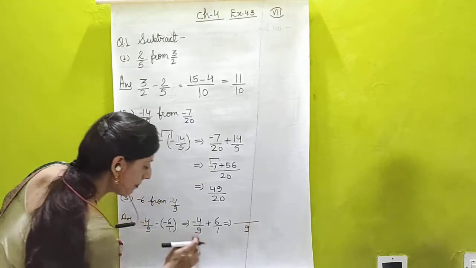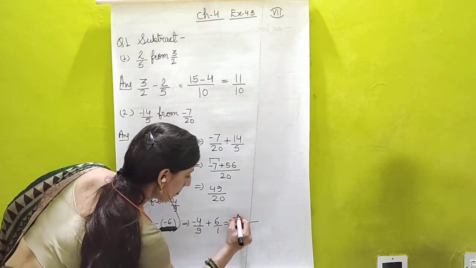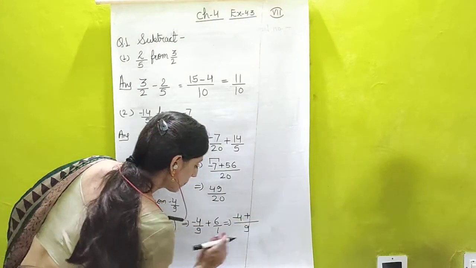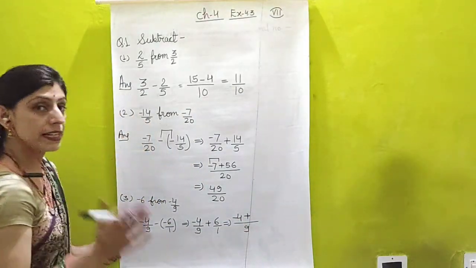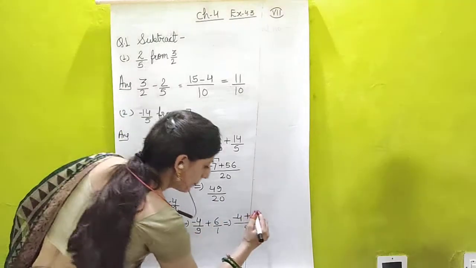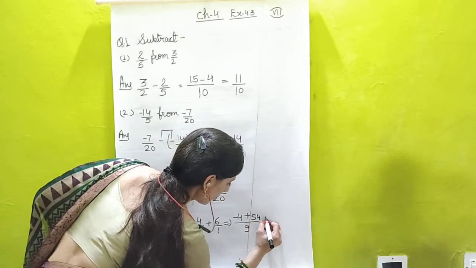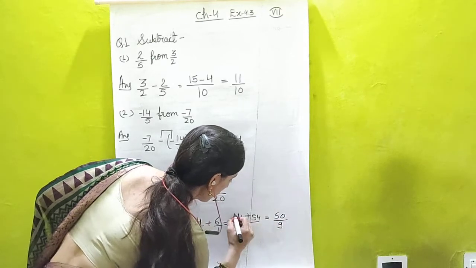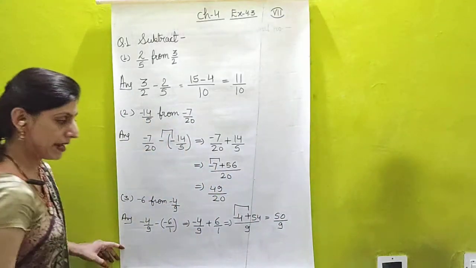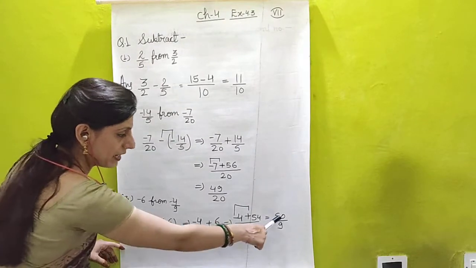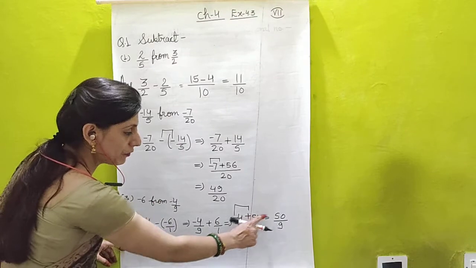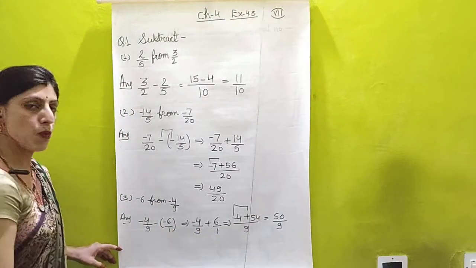Now 9 divided by 9 is one time, minus 4 multiplied by 1 is minus 4, then plus 1 divided by 9 is 9 times; 6 nines are 54. Then your answer will be 50 upon 9, because 54 minus 4 is 50, downside 9, and the sign of 54, which is positive, will come.